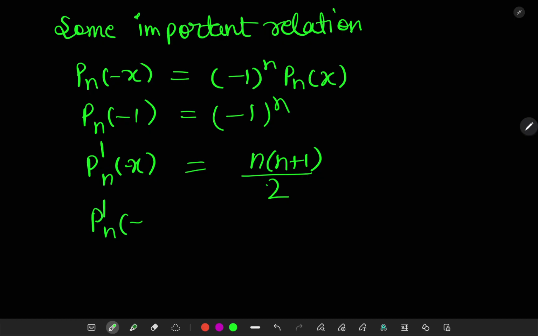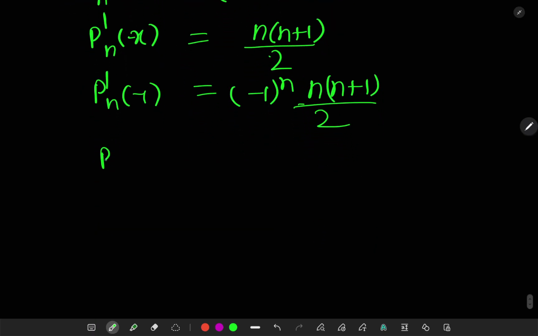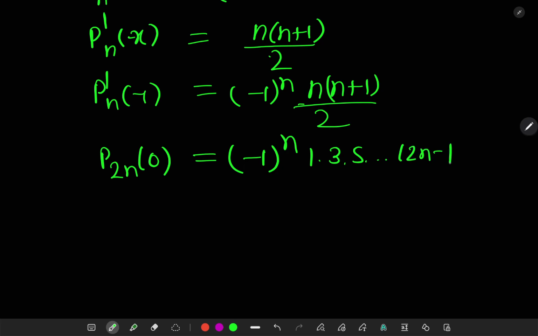And now P2n of 0 is equal to minus 1 raised to power n into 1 into 3 into 5 up to 2n minus 1, divided by 2 into 4 into 6 up to 2n.